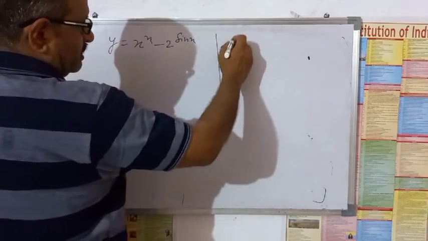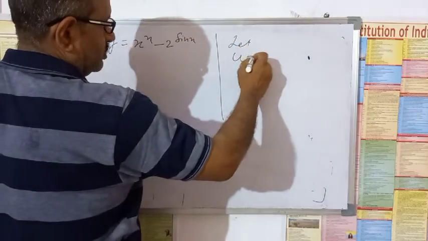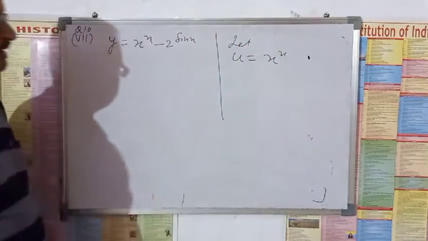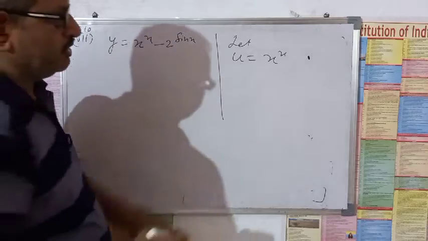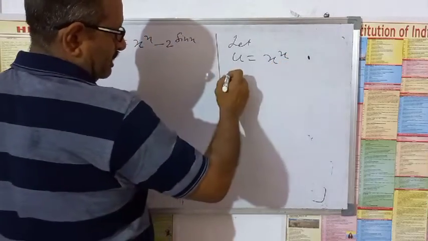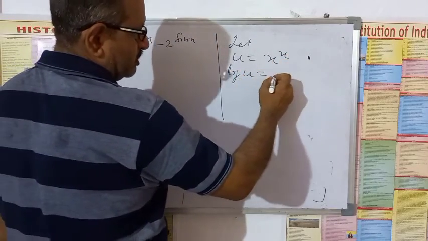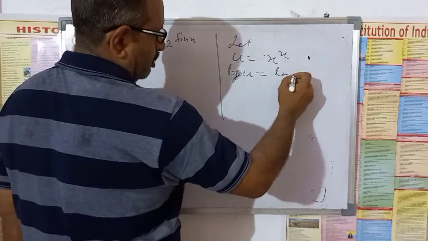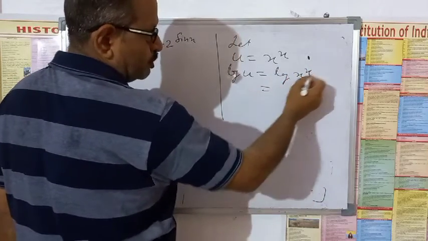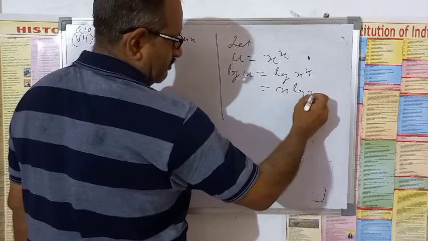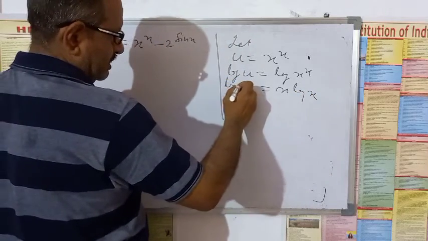Again suppose let u is equal to x to the power x. Suppose this function is equal to u and then take log here. Log u is equal to log of x to the power x. Use power rule, it will be x log x.